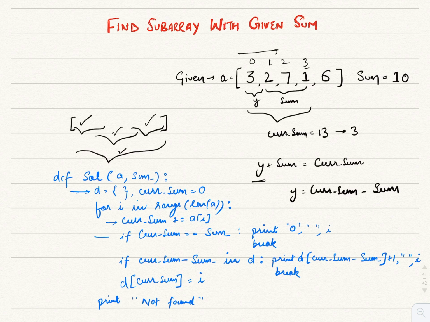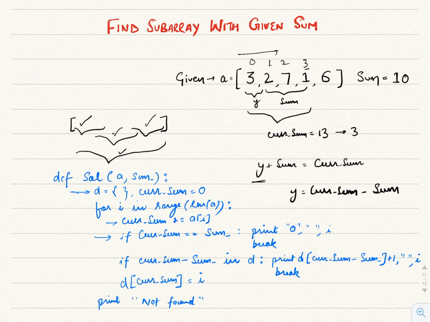And this is the case where our subarray starts at the starting index of the given array, which is this one and this one. So if the current sum equals the given sum, we'll just print the index from 0 till the index i we have visited so far.